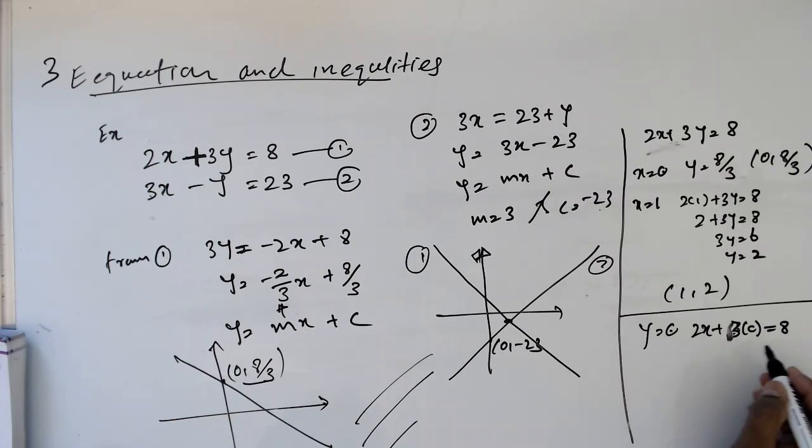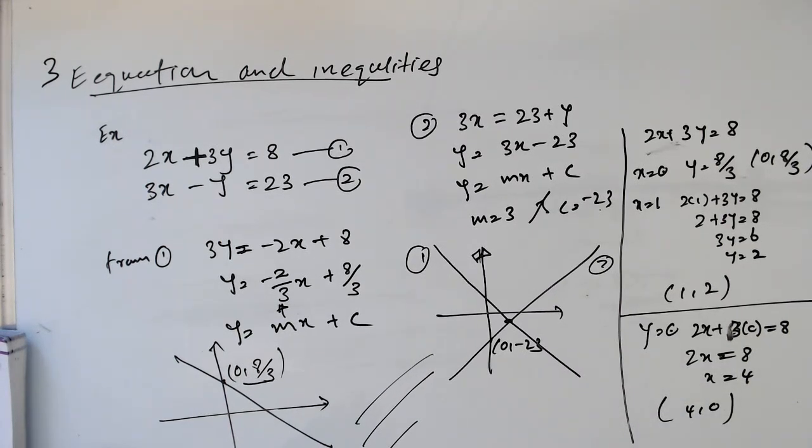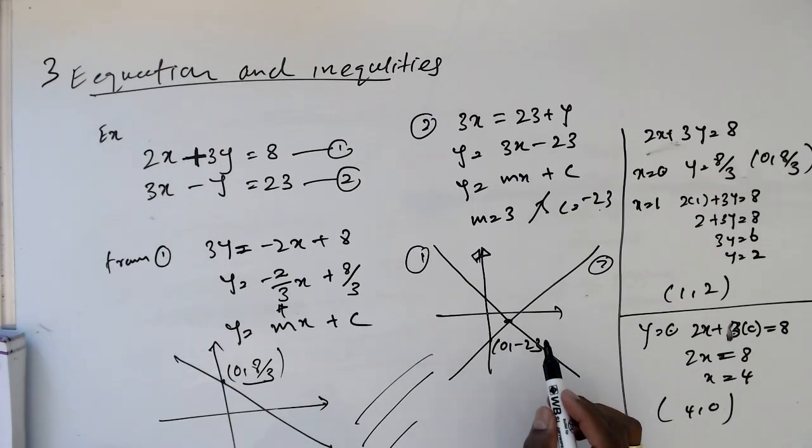So 2x equals 8, x equals 4. That is also a good value. So (4, 0) you can draw easily on your graph. So we have 2 points, (1, 2) and (4, 0), and we can mark them on the graph.